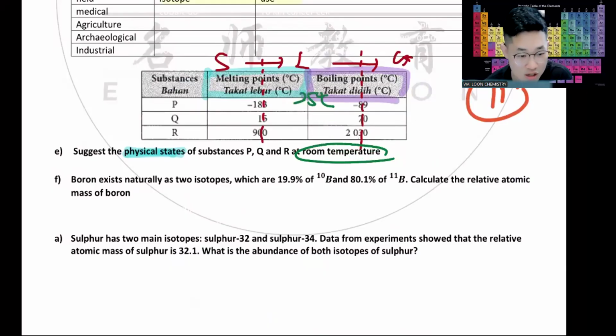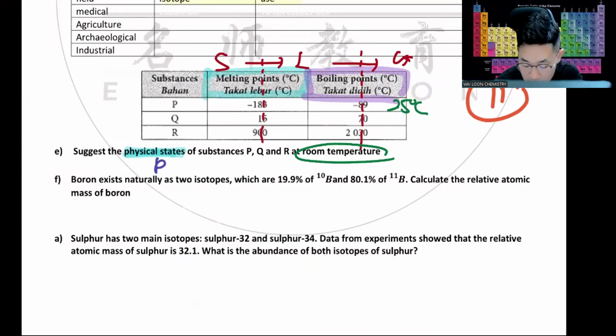Then you ask yourself, at room temperature, which is 25 degrees Celsius, is this temperature higher than the melting point? Oh, yes. Is this temperature higher than negative 89 boiling point? Oh, yes. Then I put it into range. So here, gas. So P is gas. And then you repeat the same thing.